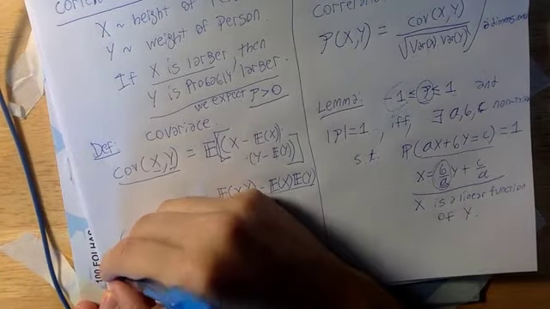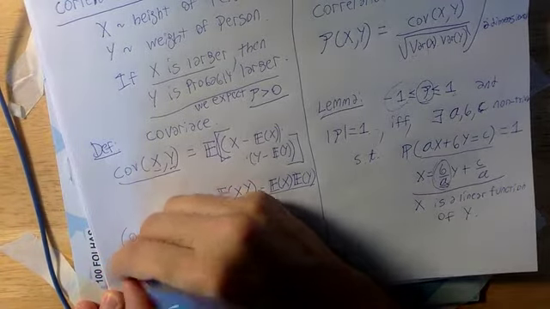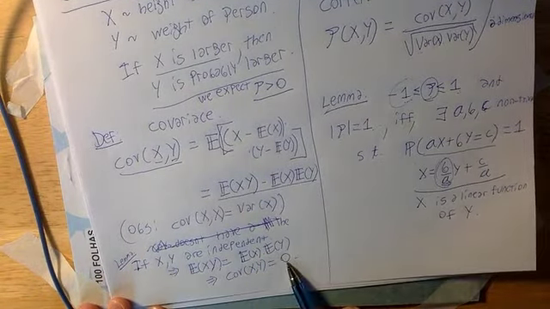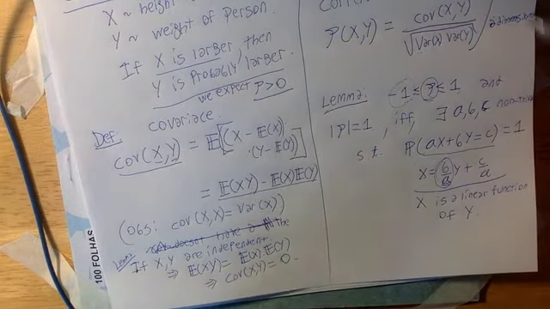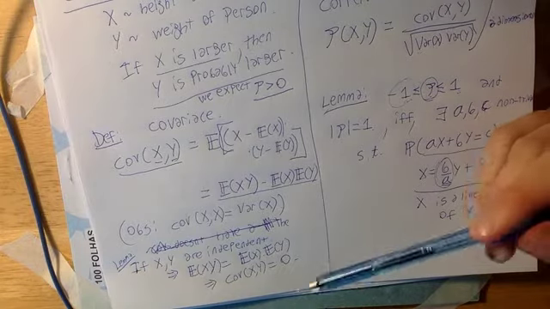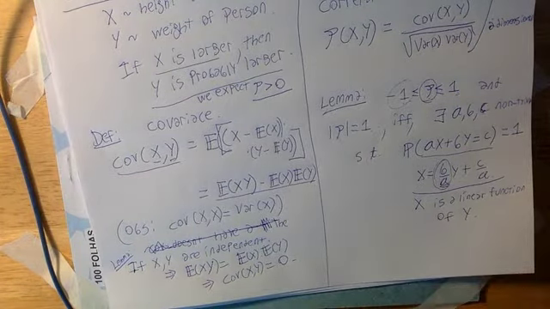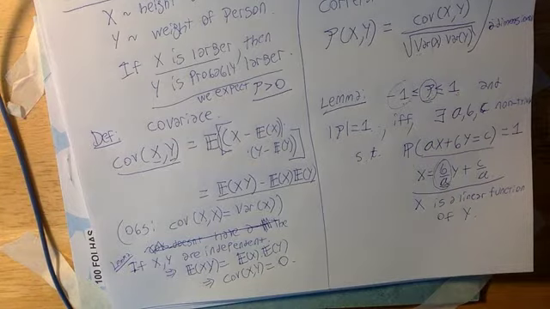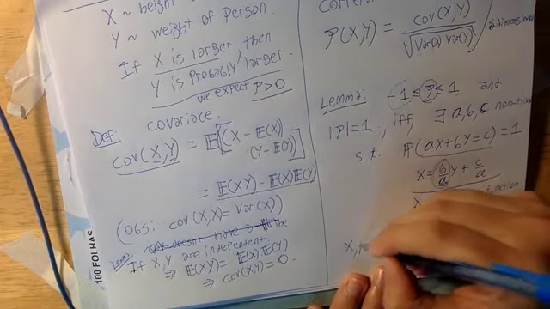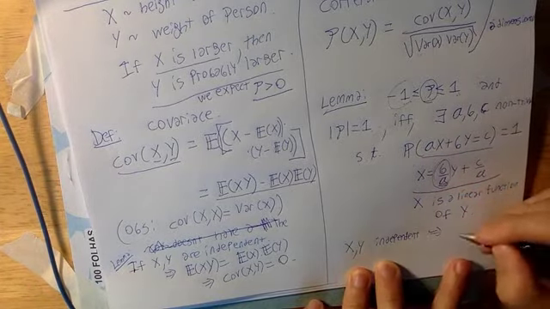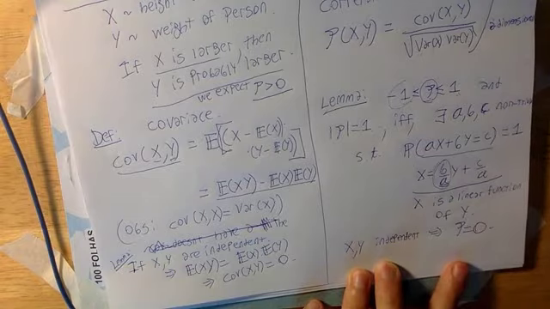So this would be a lemma or proposition: if x and y are independent, then the covariance is equal to 0. This correlation coefficient is also measuring the correlation between x and y. So in particular, when they are independent, they are not correlated, which implies rho is equal to 0.